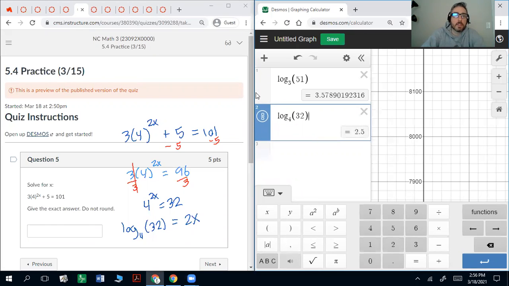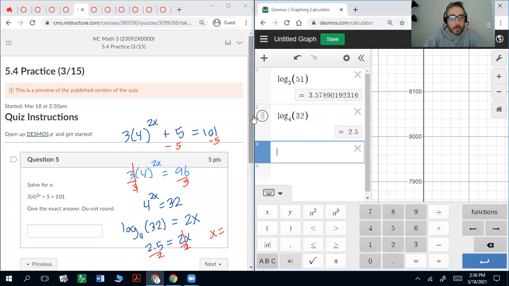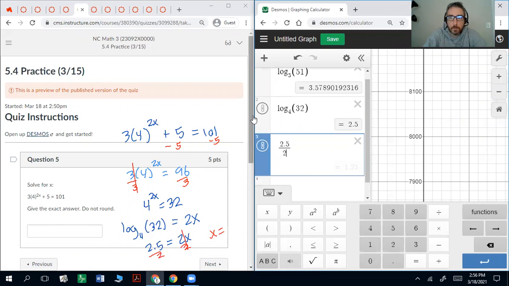So that's 2.5 exactly, and then we're going to divide that by 2. What do you get when you divide 2.5 by 2? That should be 1.125. Or 1.25, excuse me. So 1.25 will be your answer.